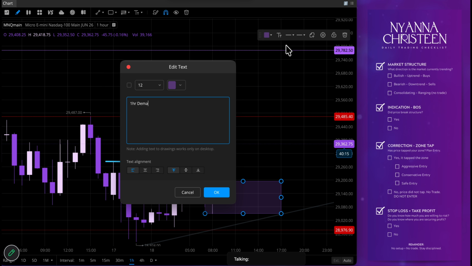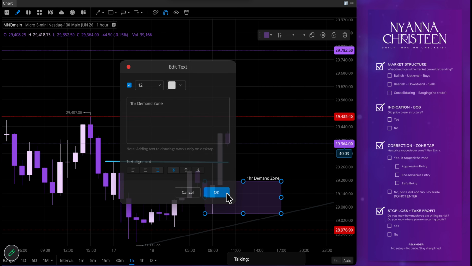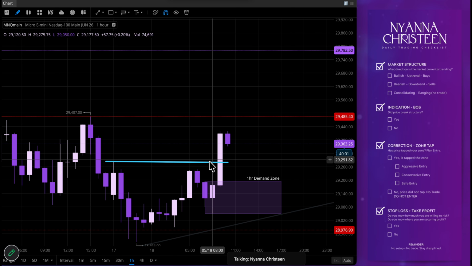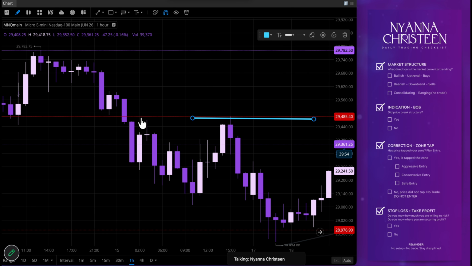But if price invalidates this zone, then it's no longer active. All right, so we got this break of structure. I'm going to keep this, though, because we want to see it above here.